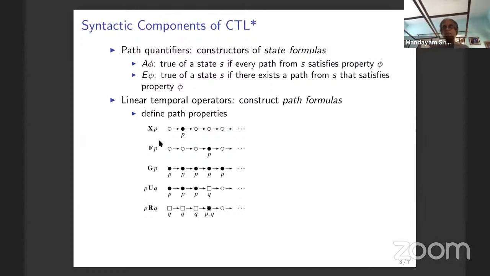So as I introduce the syntax, here I'm defining its informal meaning. So X of P is true of an infinite path, because those are the kinds of behaviors that we are interested in. I use path and trace interchangeably.